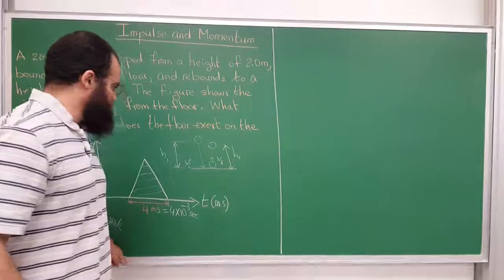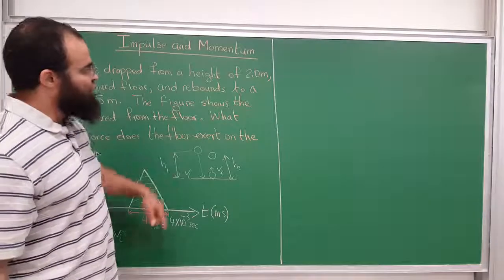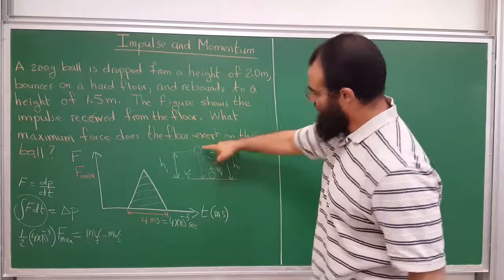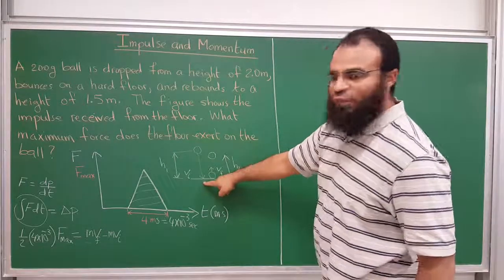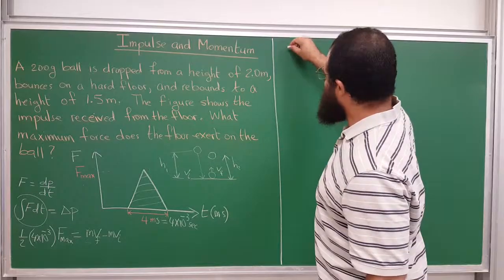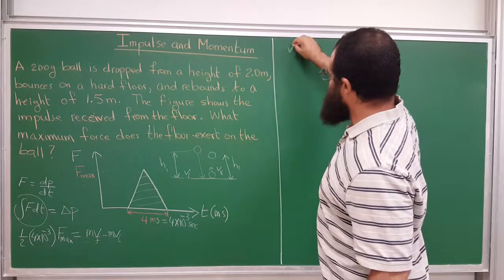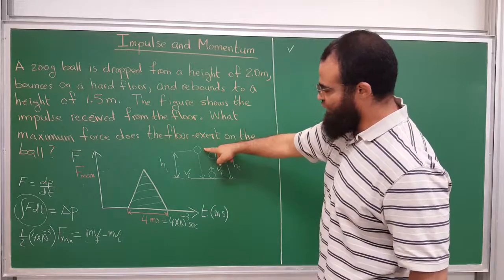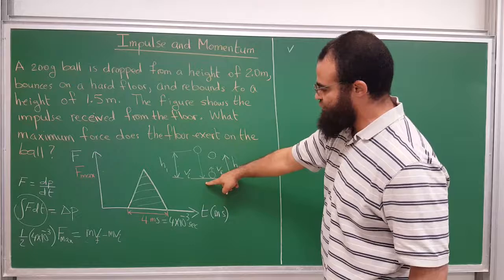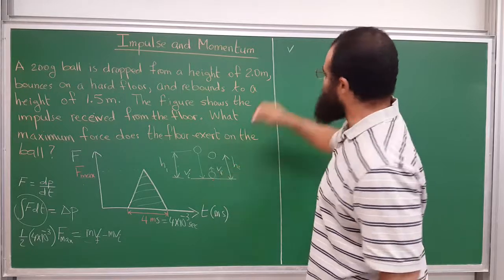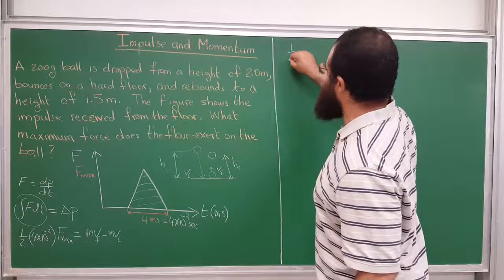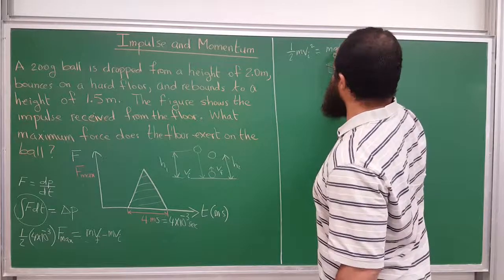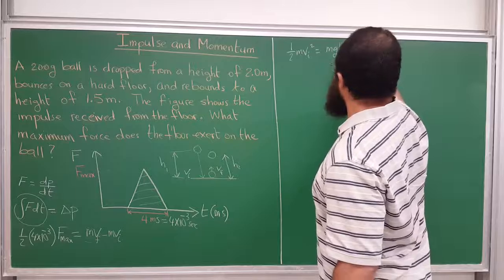We know from kinematics that when you drop something, the velocity initially is 0, and then what's the velocity at the bottom? I'm calling it V initial. You can use kinematics or you can use conservation of energy if you like. The energy at the top is mgh, the energy at the bottom is 1/2 mv squared. Let me use conservation of energy. So 1/2 m v initial squared is equal to m g h1.